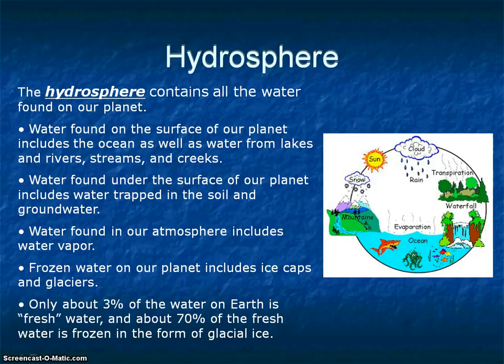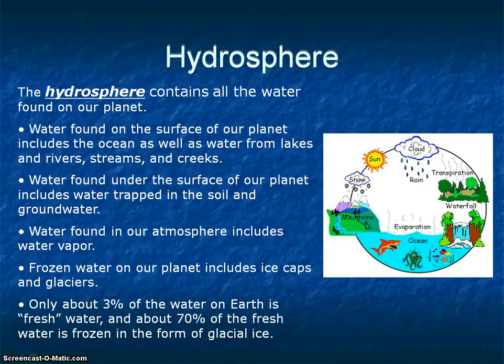You're looking at fresh water from lakes and rivers, and even the frozen water trapped in icebergs and ice caps. There's even going to be fresh water that we call groundwater that you can find in the soil and below the surface, that comes from wells, water tables, those types of things.